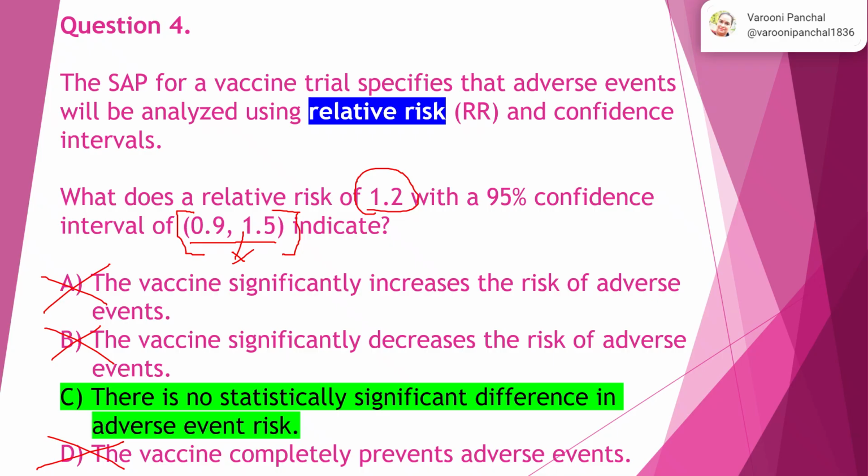This much you should understand. If it is lying below the lower limit or above the upper limit, then there is a significant difference in the adverse event risk. So here the correct answer is C.